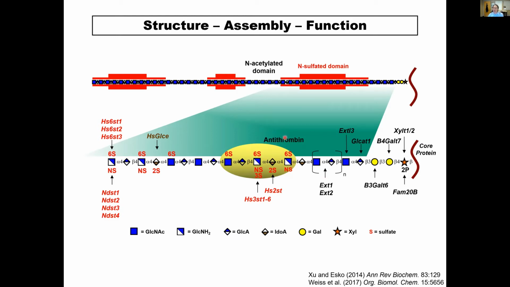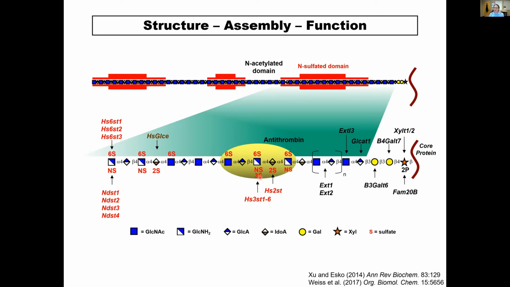So what happens is antithrombin is able to bind to this specific pentasaccharide subunit of heparan sulfate. So it recognizes this specific subunit that's sulfated at these different positions. And I want to highlight that this 3-O-sulfate group is very important for binding of antithrombin. Interestingly, this 3-O-sulfation is a relatively rare modification of heparan sulfate, but it's very, very important for binding to antithrombin.